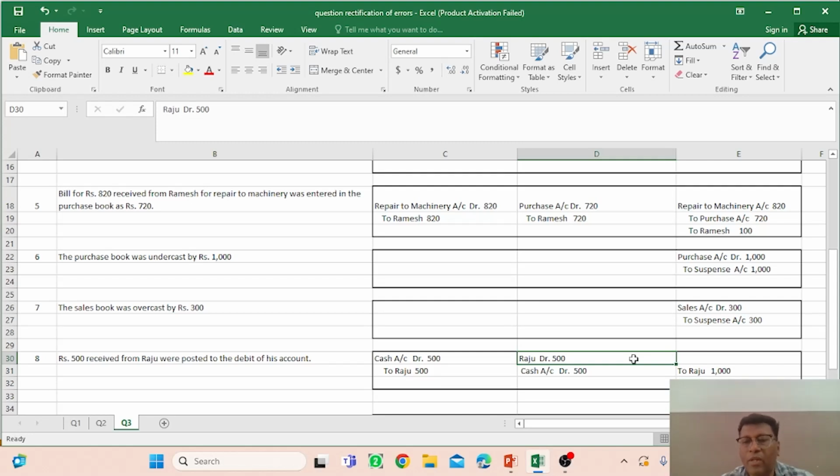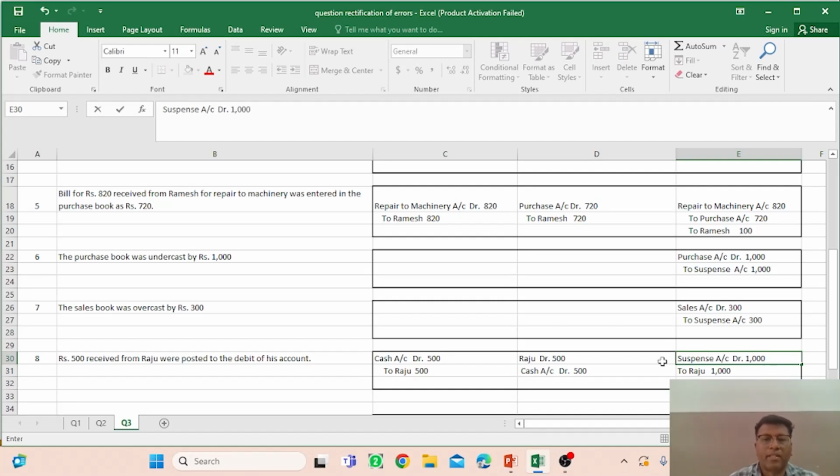How will you remove the effect of this 500 rupees in Raju's account? If you make Raju account credited, what was debited was 500, so it would be cancelled by 500, and there would be a remaining balance in the Raju account of rupees 500, right? And now the suspense account would be debited rupees 1000.